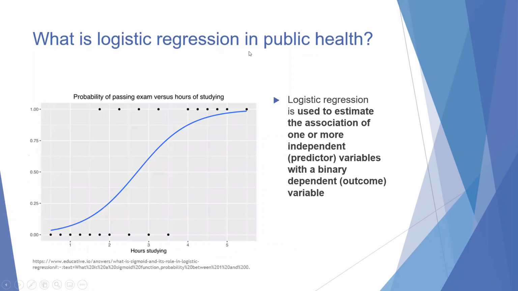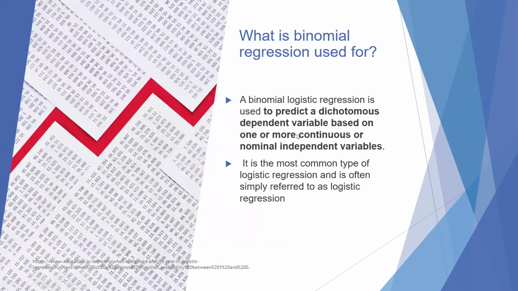So what is logistic regression in public health? Logistic regression is used to estimate the association of one or more independent variables with a binary dependent variable. For example, binomial regression is used to predict dichotomous dependent variables based on one or more continuous or nominal independent variables.